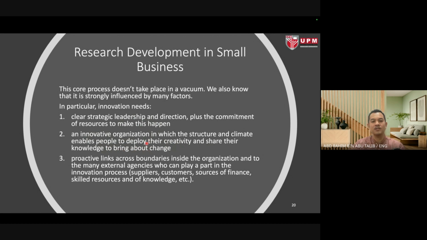So that's why I mentioned earlier, there are organizations having a dedicated unit or department to look into innovation, right? And then proactive links across boundaries inside the organization and to many external agencies, because there are cases, okay, companies, departments, they are working in silos, like what we have in universities.